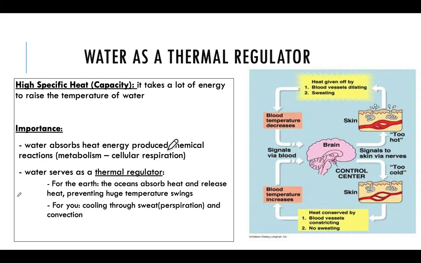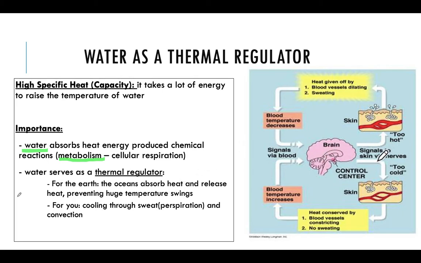Water is going to absorb the heat energy produced in chemical reactions as well. So in your body, all that metabolism you do, all the cellular respiration, all the activity that you do creates excess heat as a byproduct. And the water in your body, and your body is about 73% water, all that water is going to help absorb that excess heat and maintain your body temperature.